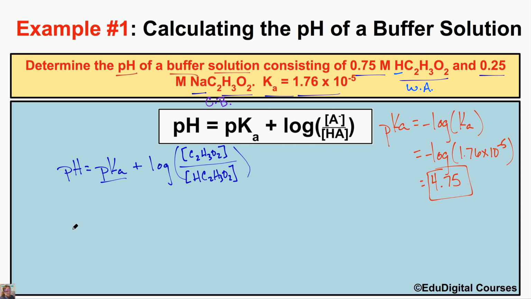So to get our pH, we're going to have to take 4.75 plus the log of the molarity of our conjugate base, which it tells us is 0.25 molar. So 0.25 divided by the molarity of our weak acid, which is 0.75.